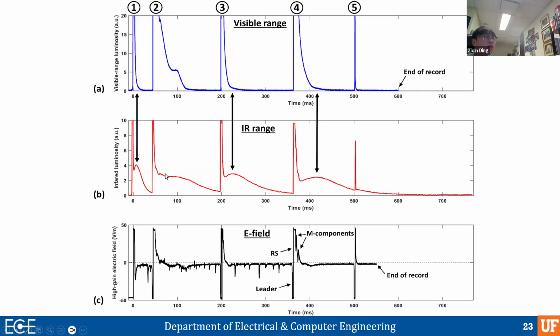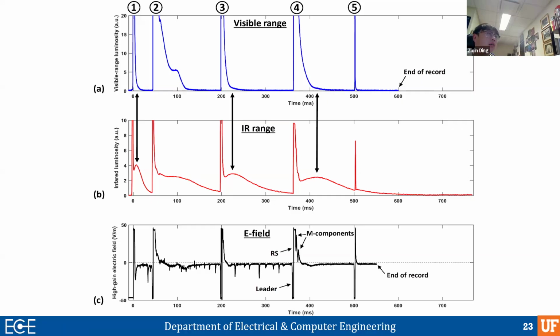Another thing is that during that period of time, the infrared luminosity always shows a hump, compared to the visible, which just decays to zero without showing similar features. So it drives us to think about what caused this infrared hump.